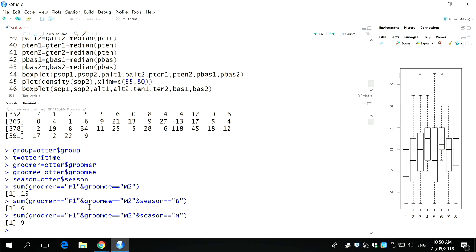The two operators you'll use most often are and, the ampersand, and or, the vertical line. So ands and ors will let you create conditions that you want to compare. Now, the data set has 4 questions it wants you to answer. Do otters exhibit preferences?